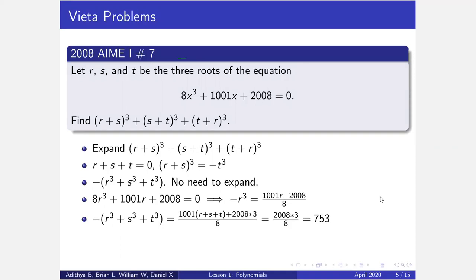Some people may be wondering that the fourth bullet looks a bit like magic, because the only reason this works is we don't have an r squared coefficient. So if we want to find the general equation for r cubed plus s cubed plus t cubed, I think some people have talked either about Newton sums or a very useful identity, which I'll type in.